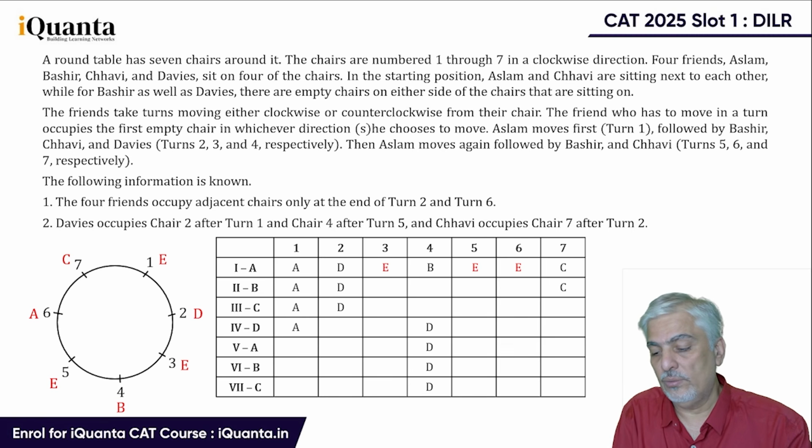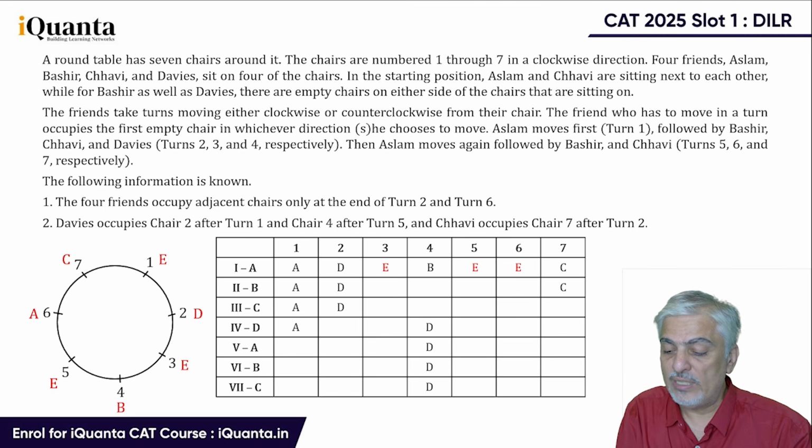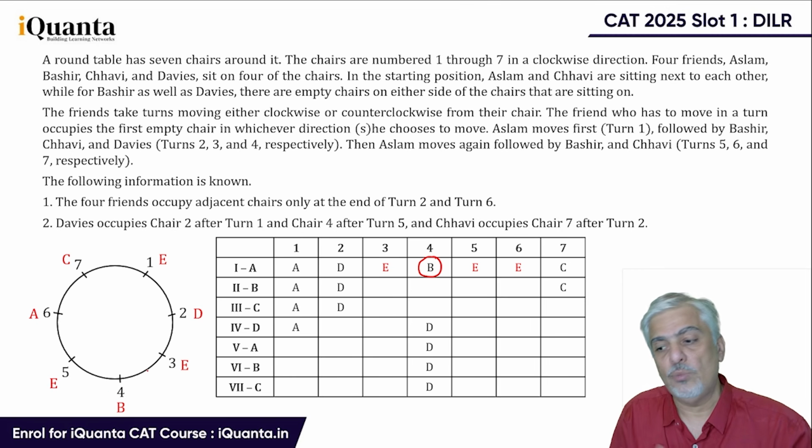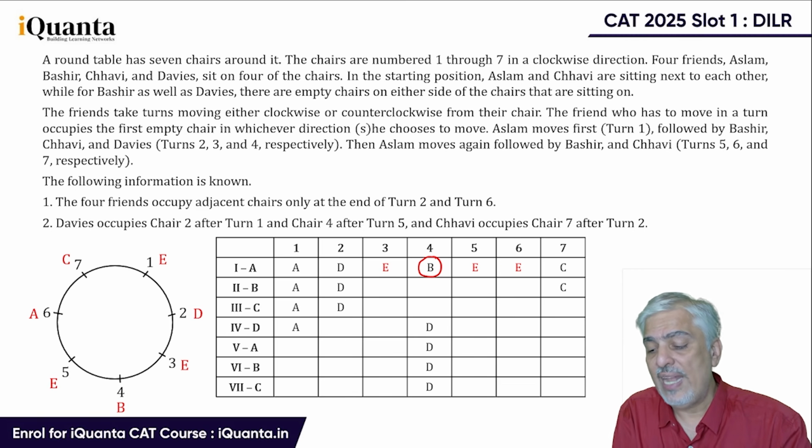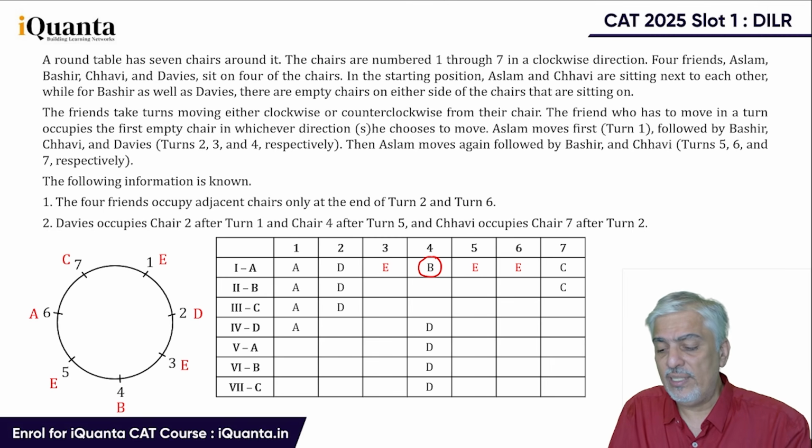Okay. Now, let's go to the next movement. The next movement is for B. B was at 4. So if you look very carefully, from 4, B can move either to 5 or 3 because both are empty for it. So B can move to 5 or 3. And very frankly, right now, I don't even know where it will move. I'm just going to try, because at this turn, in fact, this is much easier, since they have to get consecutive.